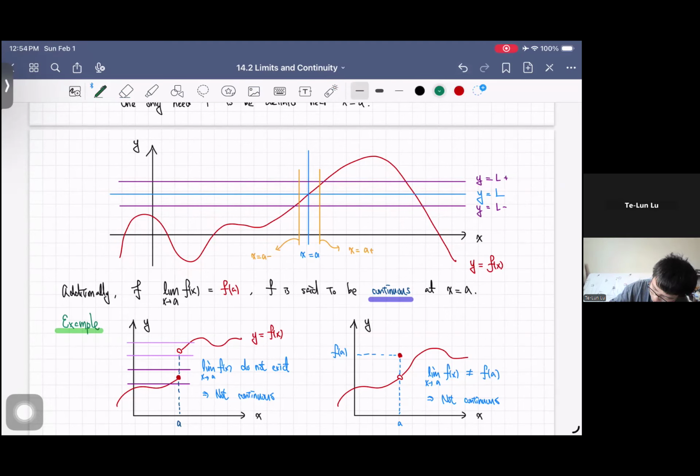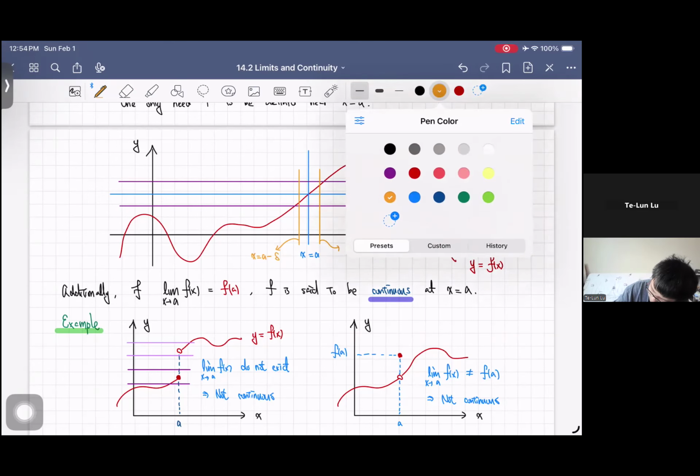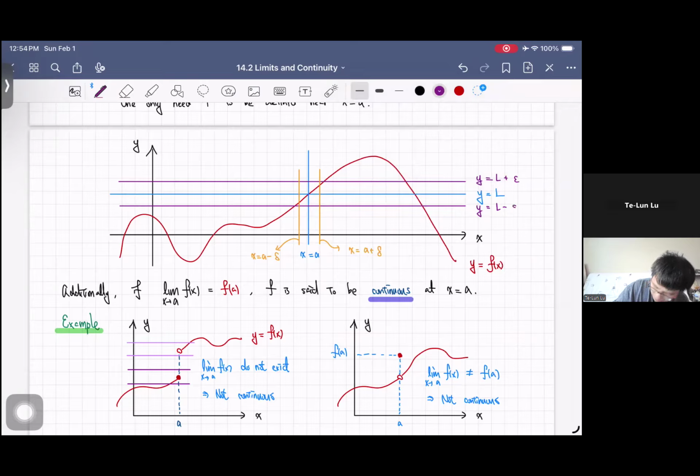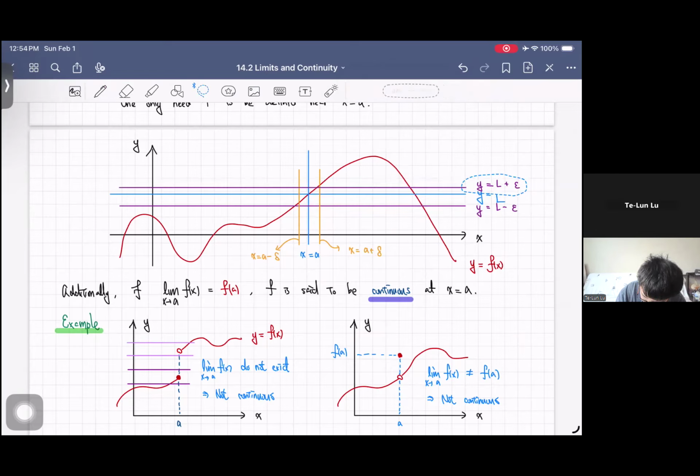Let me correct that. Wait a second. Right. So I'm saying that. Let me draw the picture more perfectly.